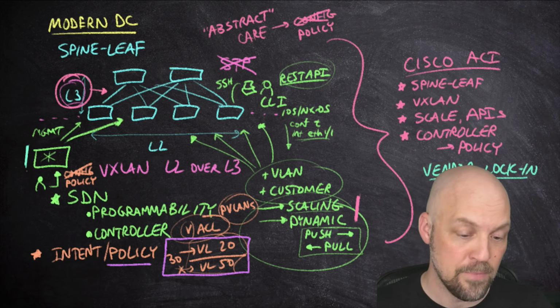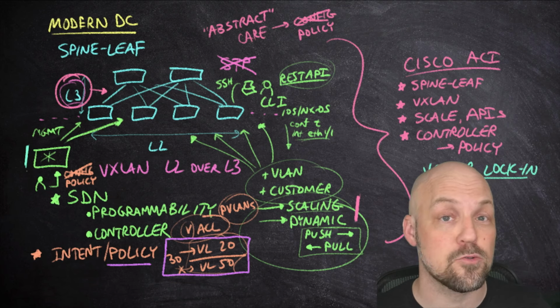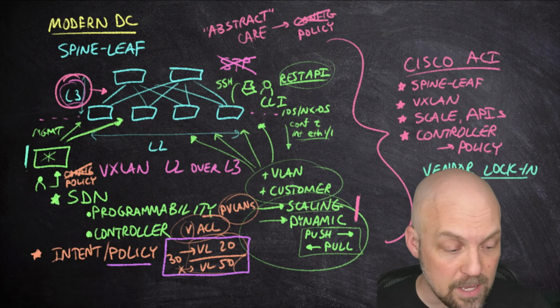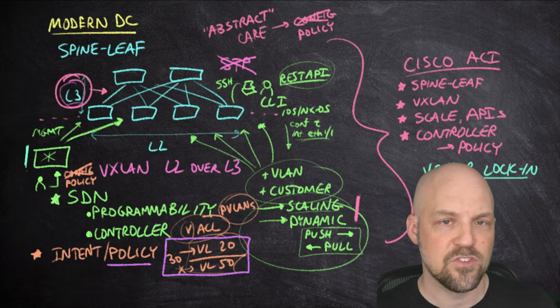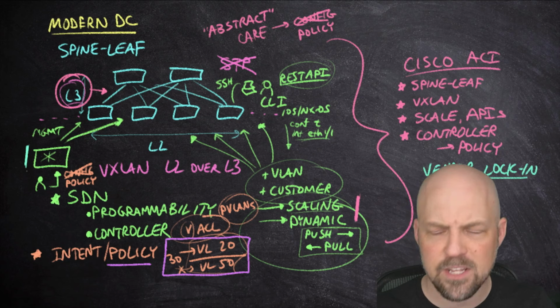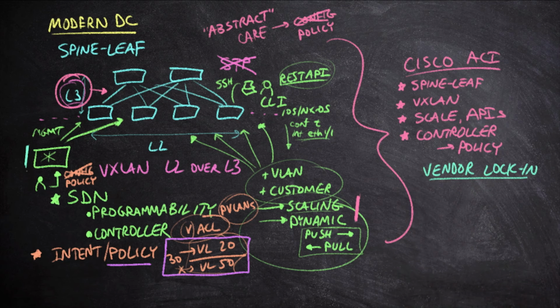That's even debatable. Now I have to call 2 vendors or 3 vendors or 4 vendors when there's a problem in my data center. Because maybe the problem's with the controller, or maybe the problem's with vendor A's switch, or vendor B's switch, or vendor C's switch. And most organizations have moved away from that. And so is there vendor lock-in? Yes. We absolutely have to use Cisco hardware.